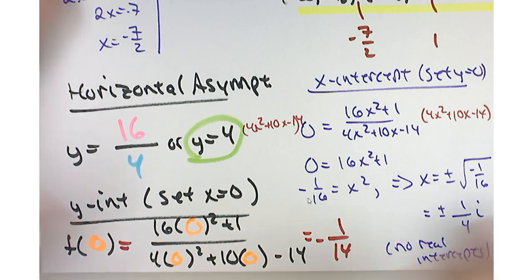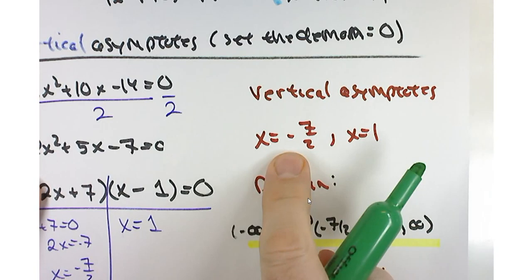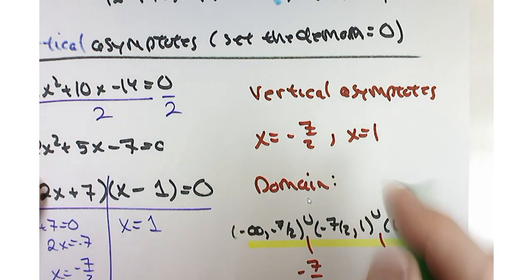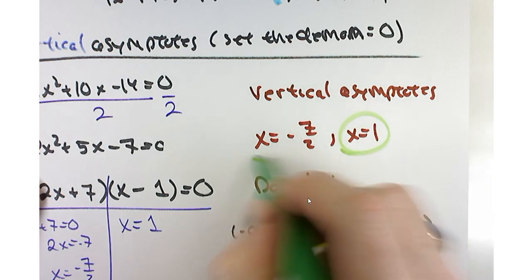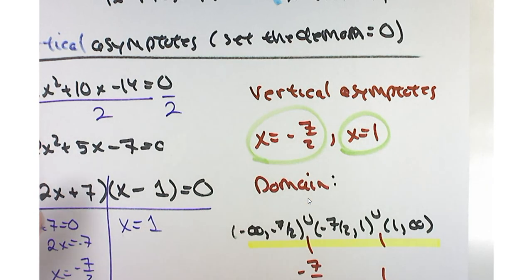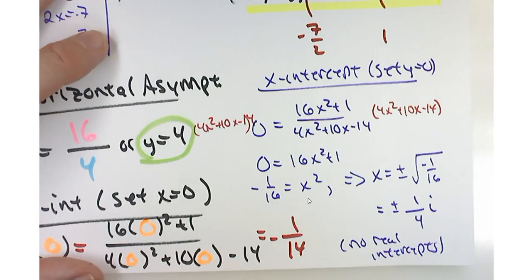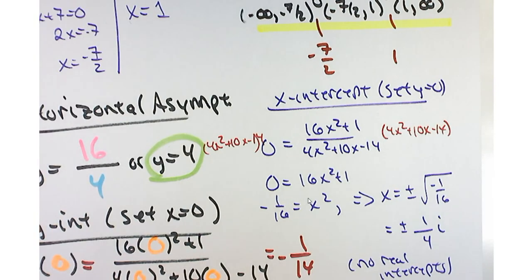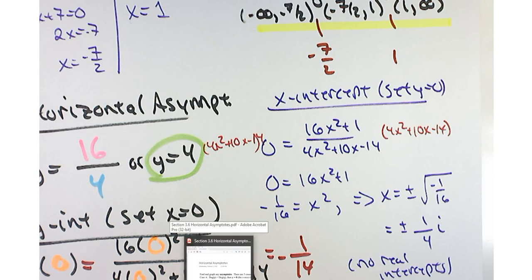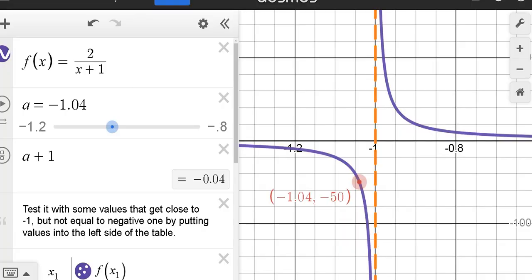We've got two vertical asymptotes at x equals negative 7/2 and x equals 1. And we've got a y-intercept at negative 1/14. So we can look for all these things. Someone give me a calculator value, please, for negative 1/14, while I pull up the graph.